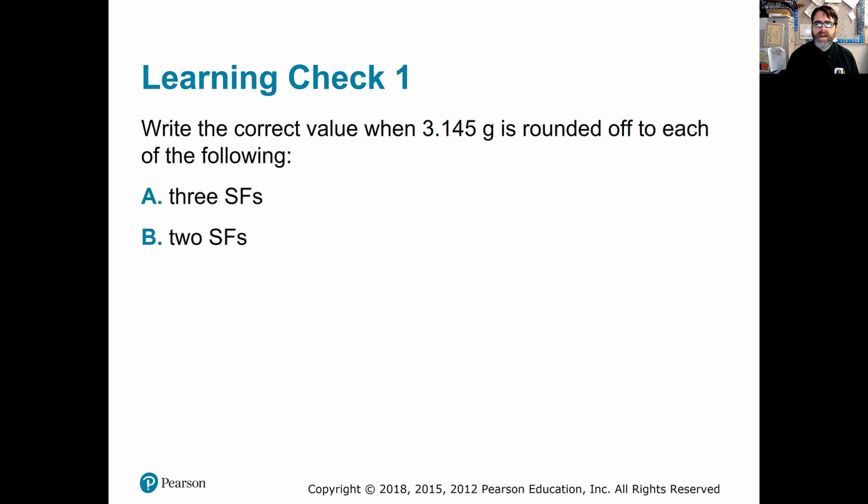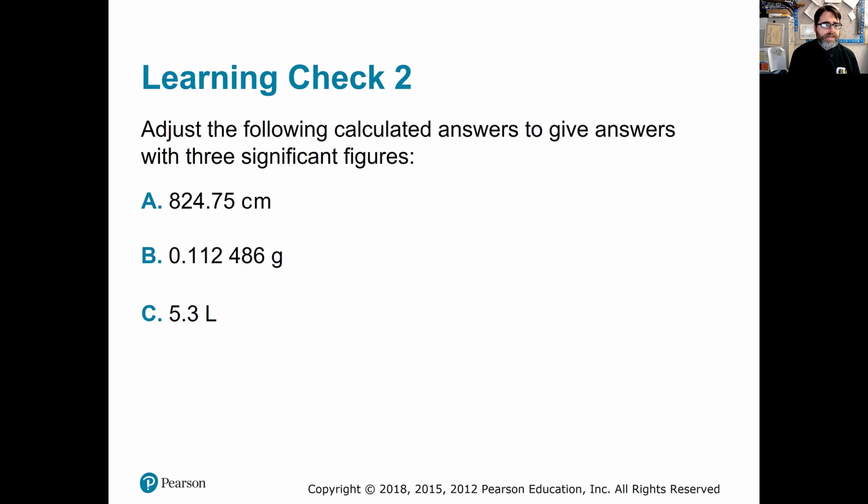Quick practice problems here. So this one here, we want to go to 3 sig figs. So that's going to be 3.15, and to 2 sig figs, it's just going to be 3.1. And again, to 3 sig figs, so that's going to be those, so 825 centimeters. 3 sig figs is going to be those, so 0, because that leading 0 is insignificant, 112 grams.